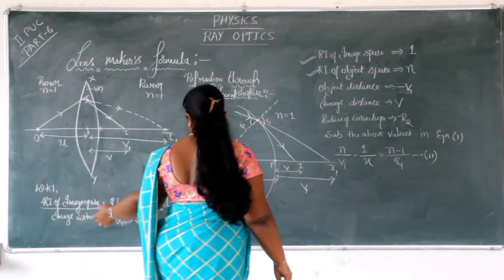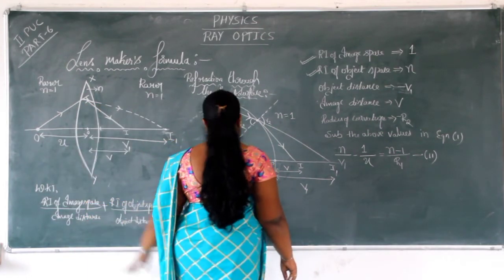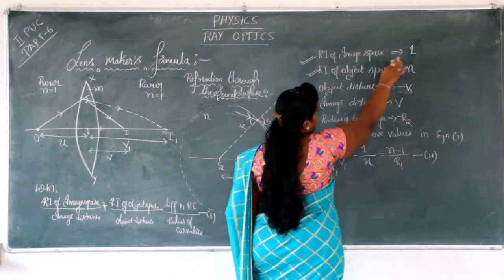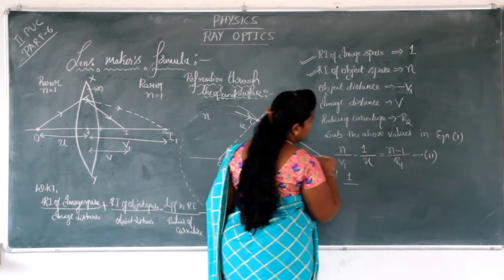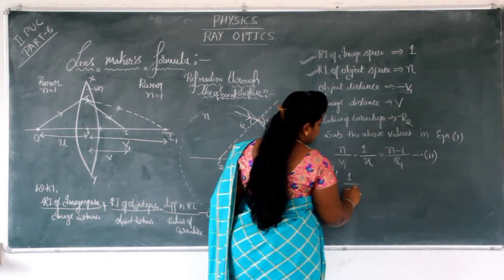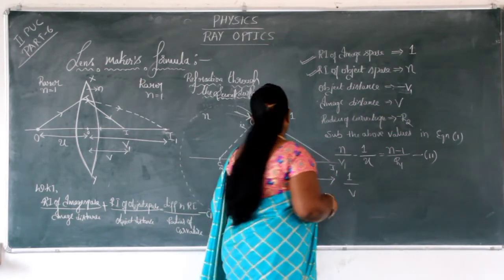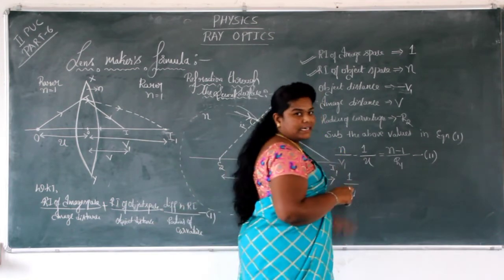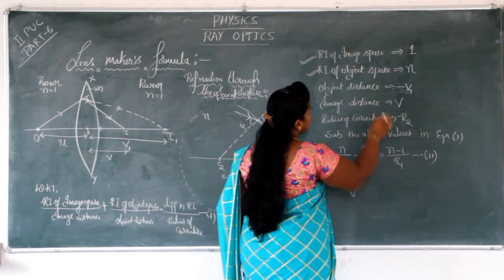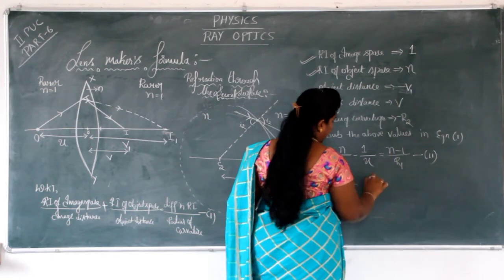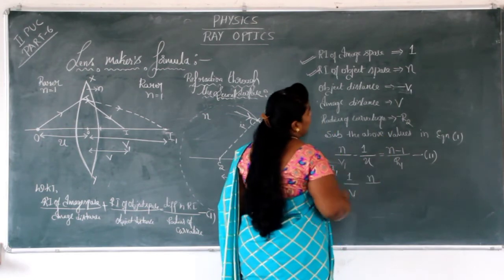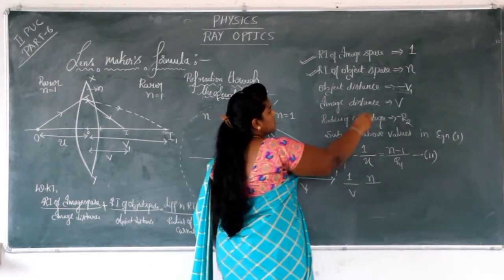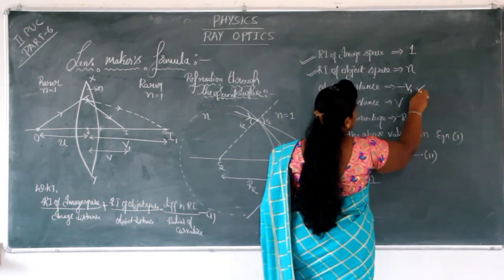So it is the refractive index of the image space, 1, divided by the image distance V. Next, plus the refractive index of the object space, N, divided by the object distance. The object distance is minus V1.